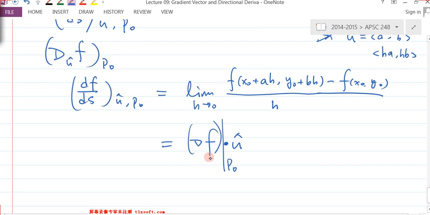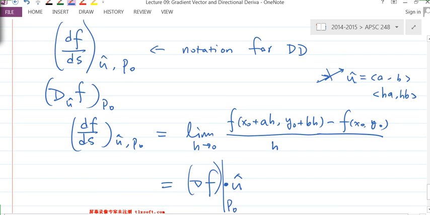That's pretty simple. I'll prove this and explain more of its meaning. What is del f? It's the gradient vector. What is u hat? The direction you're walking. So it's the gradient dot the u hat.